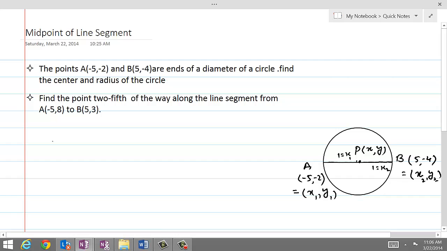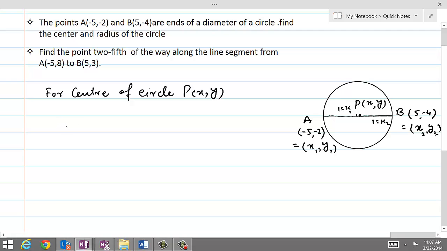Let's get started. For point P, the center of circle, P x, y, what are the formulas for calculating x, y? x is equal to K2 x1 plus K1 x2 over K1 plus K2, and y is equal to K2 y1 plus K1 y2 over K1 plus K2.